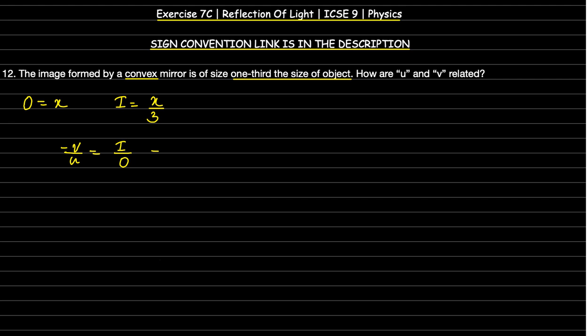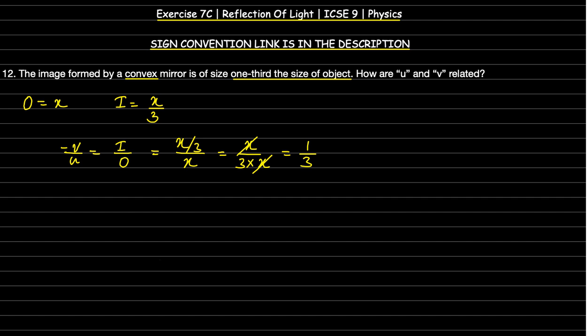So let us put the values. So I happens to be x by 3 divided by O happens to be x. Now here the 3 comes to the denominator and we get x divided by 3 into x. X and x cancels. We get it here as 1 divided by 3.